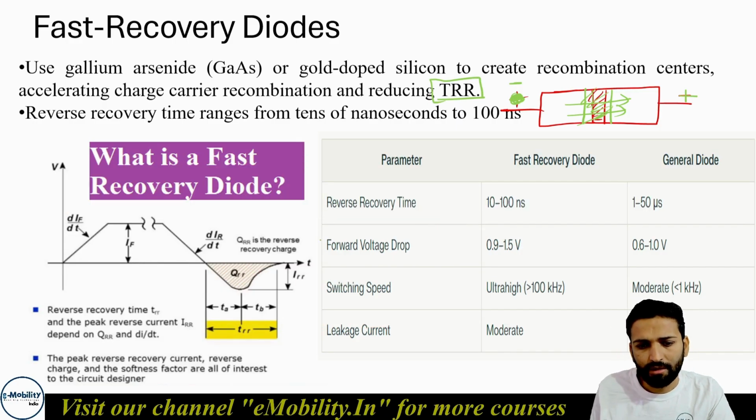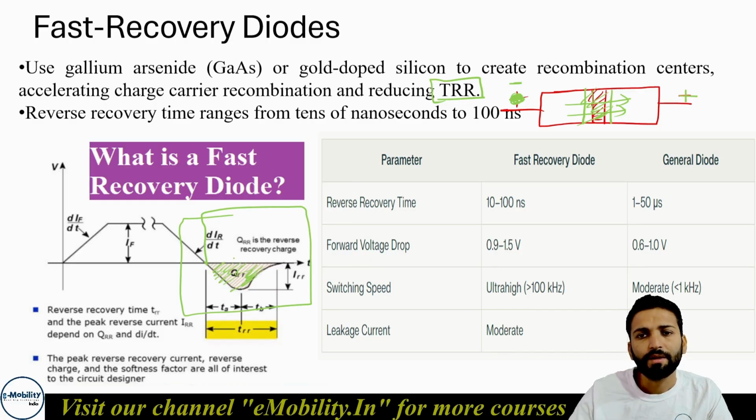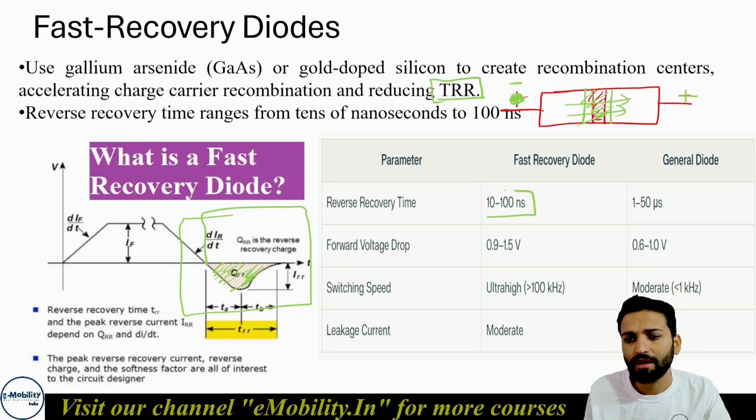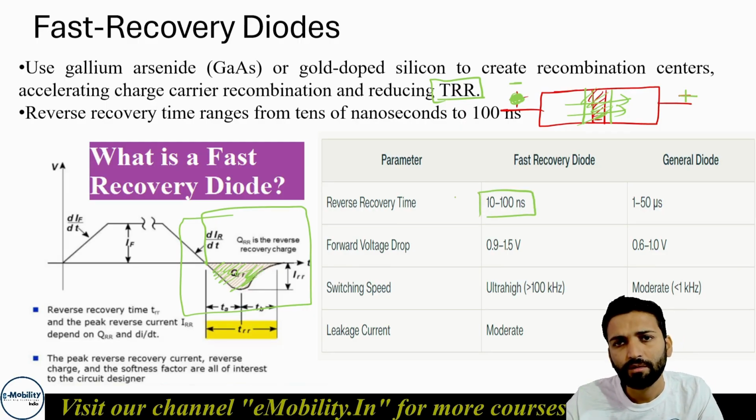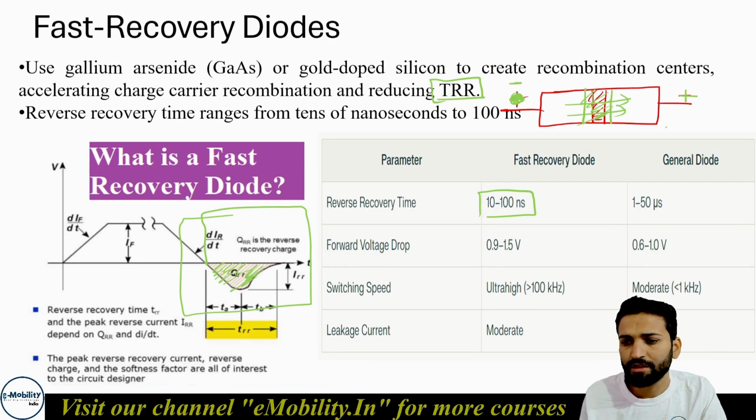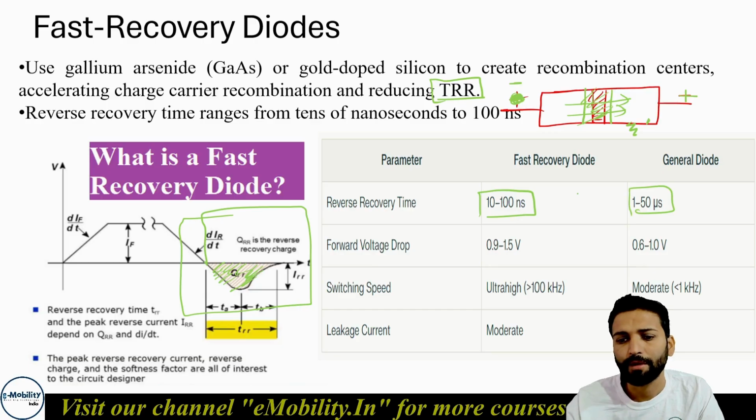Here you can see for a normal diode this TRR is a certain amount. This is shown by TRR. For a very fast recovery diode, this TRR should be in the range of 0 up to 100 nanoseconds. For a general diode it can be up to 50 microseconds. Also the forward voltage drop is 0.9.